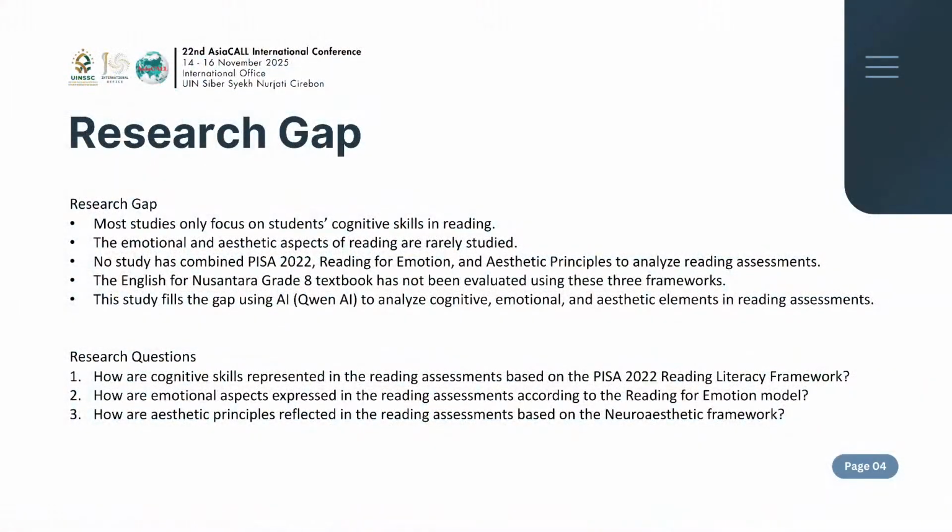So far, there has been no study that combines the PISA 2022 reading literacy framework, the reading for emotion, and the aesthetic principles to analyze reading assessment. That's why this research aims to fill that gap by using Qwen AI to analyze how cognitive, emotional, and aesthetic elements appear in reading assessments.